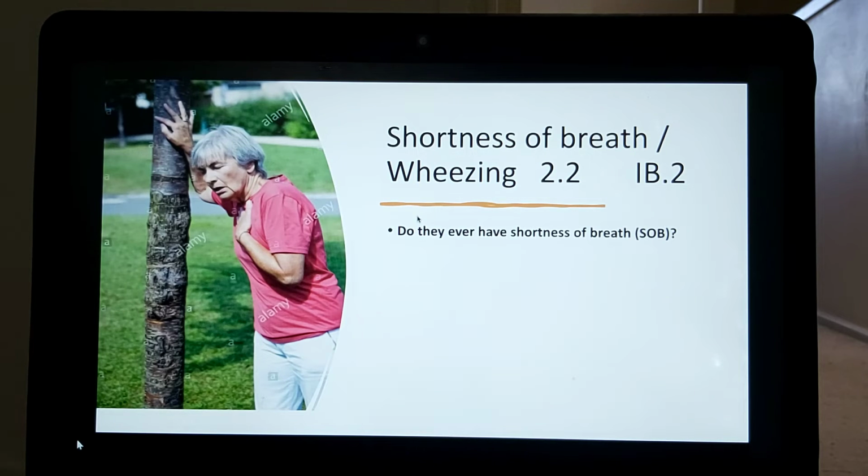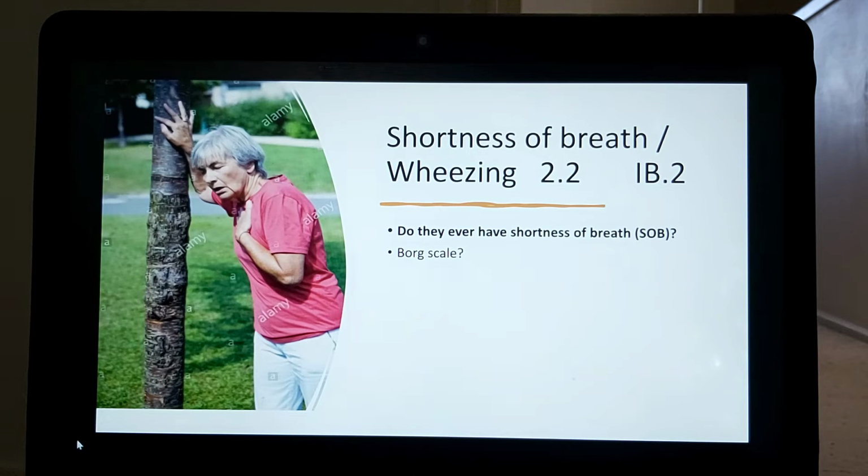So then ask, do they have shortness of breath? If yes, then use the Borg scale. The Borg scale is there in the storeroom. If you have a cardiorespy case, I would just grab it right away, because most cardiorespy cases have some breathlessness.